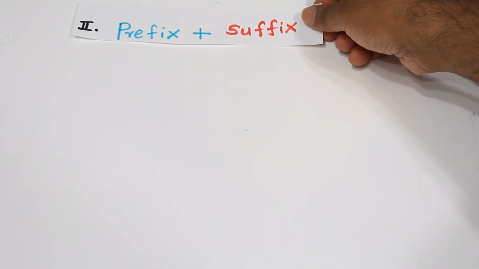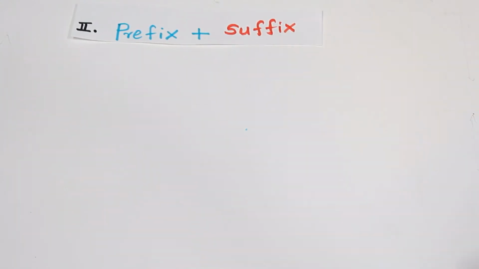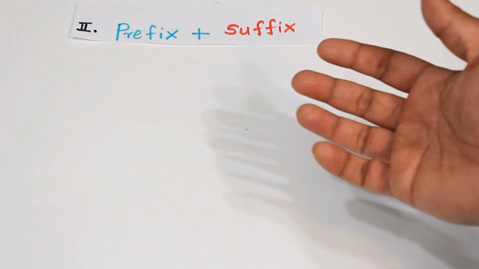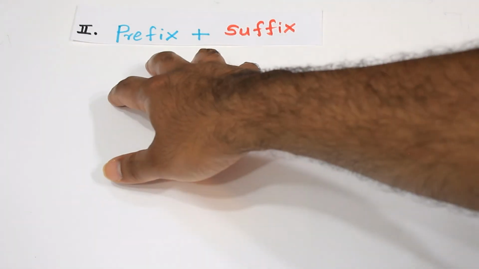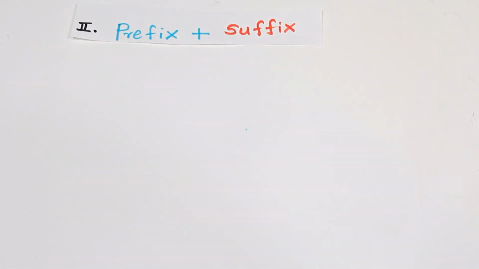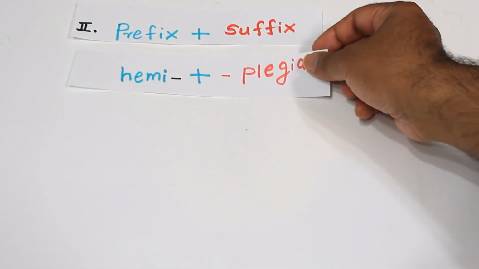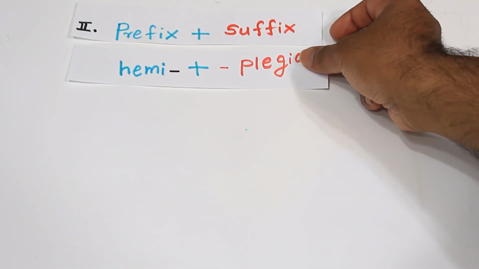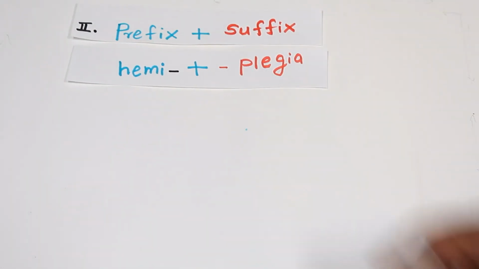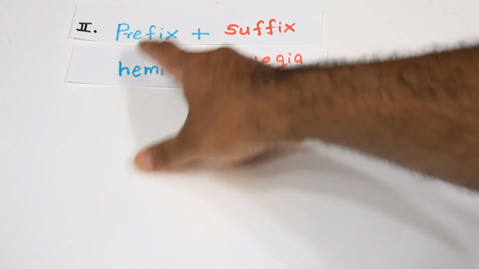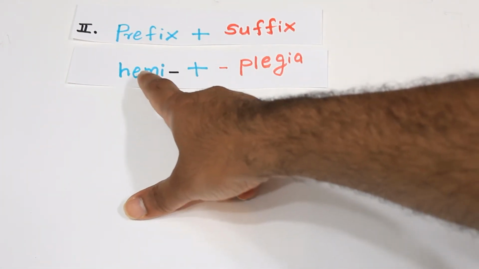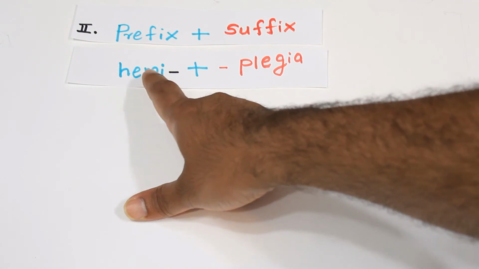Let's talk about the second example. Let's think of a combination with prefix and suffix. This is the example of a prefix, hemi.